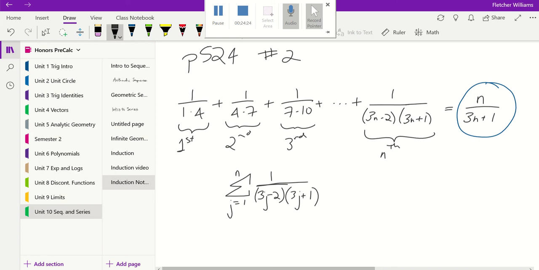Yep. And you can test it just to make sure, convince yourself. If you plug in 1, does it give you the first term? So 1 over 3 minus 2 times 1 over 3 plus 1. Yes, that's 1 over 1 times 4. What if you plug in 2?